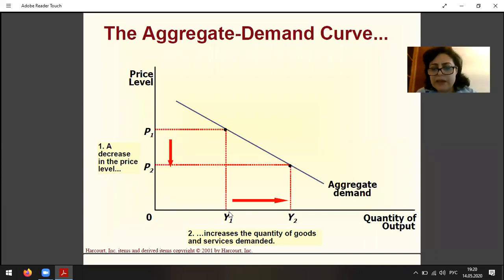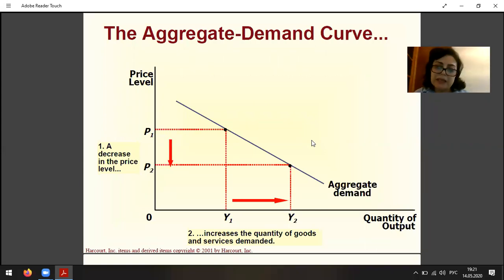Okay, now let's analyze the slope of aggregate demand. As you can see, the slope of aggregate demand is downward. What's the reason? Why is it going like that? Look, if the price level is fixed at P1, we have the respective quantity of output denoted by Y1. Now imagine that the price level slightly decreased to a new price level P2. What do we observe? We see a significant increase in the quantity of goods and services demanded.